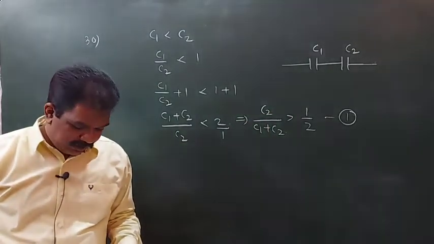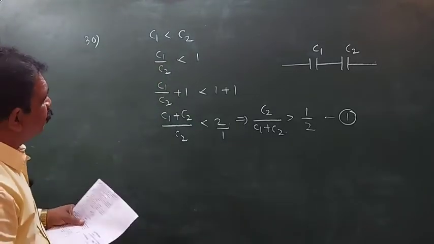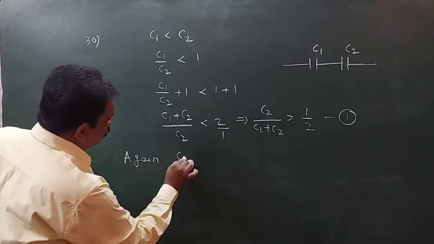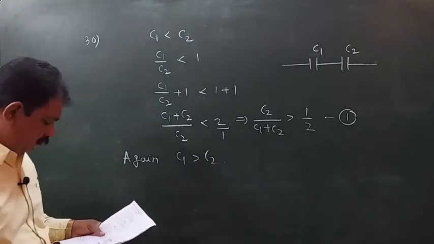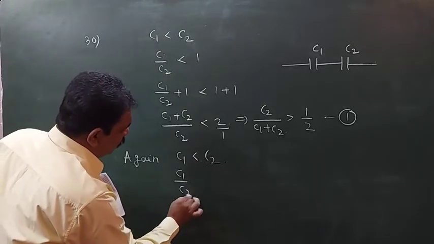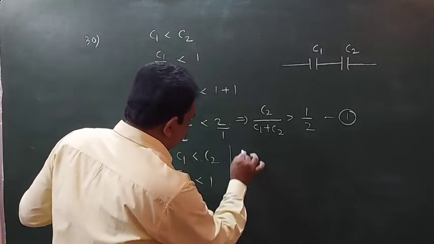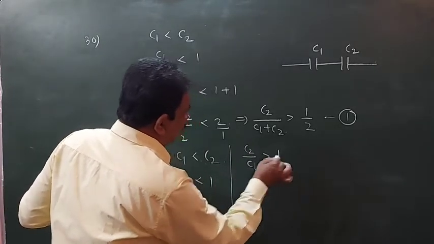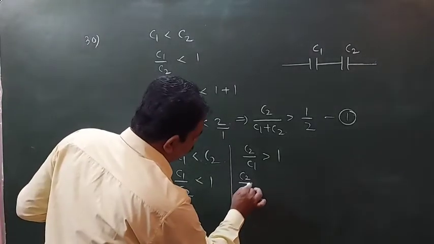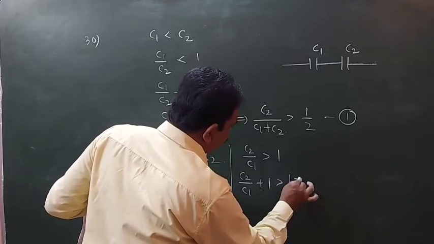Next, in the same manner, again C1 is less than C2, so C1 by C2 is less than 1, then C2 by C1 is greater than 1. Add 1 on both sides: C2 by C1 plus 1 is greater than 1 plus 1.